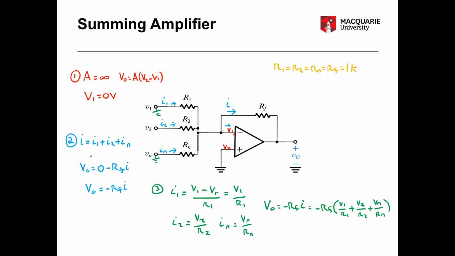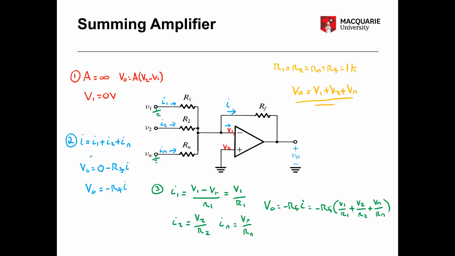If we were to plug those 1k values into the Vout equation, then we can see that Vout will simply equal V1 plus V2 plus Vn. So our output voltage is simply the sum of the 3 different input voltages, or however many different inputs we have in this configuration.